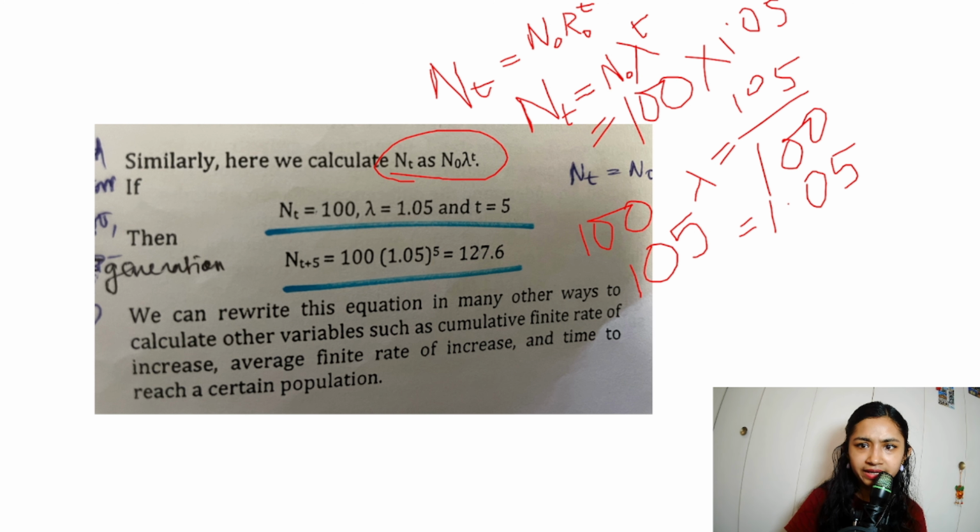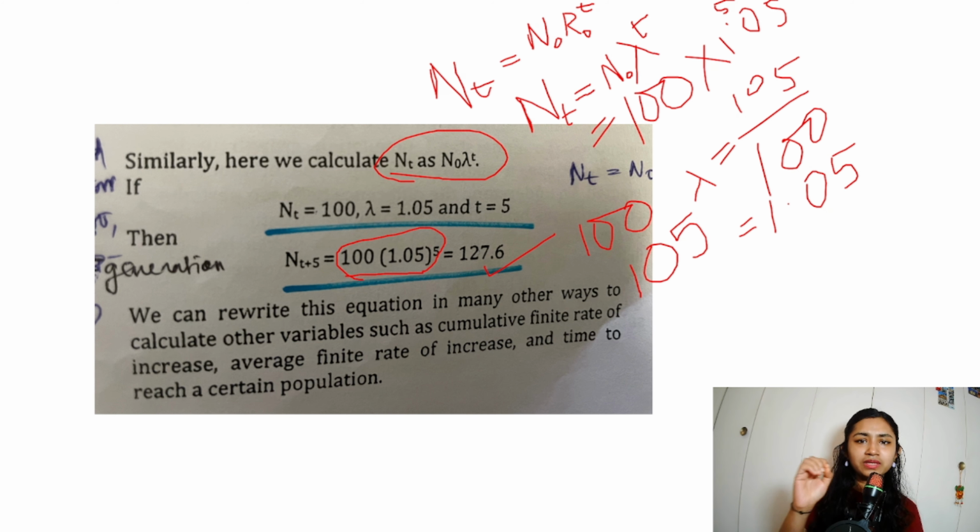So 100 into 1.05 to the power 5, you will get 127.6. It should not be in fraction, it should be a full number. So 128 birds after the end of the fifth year.